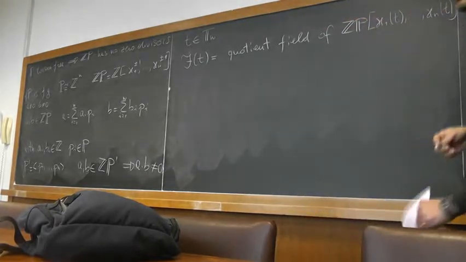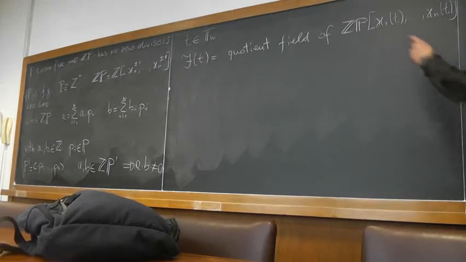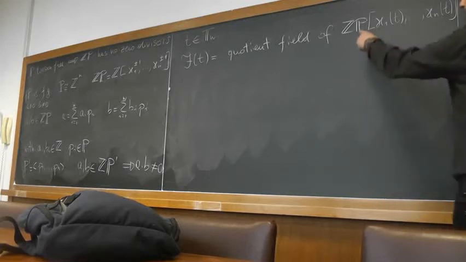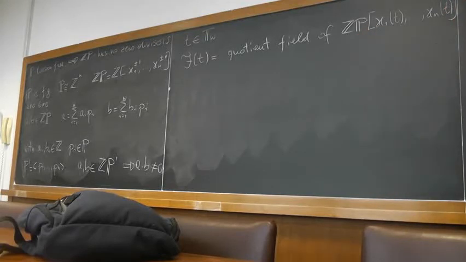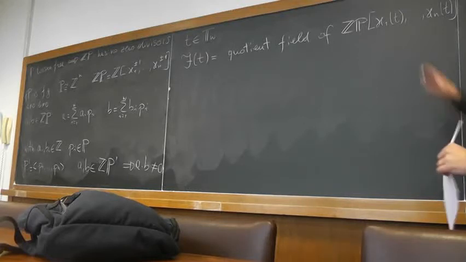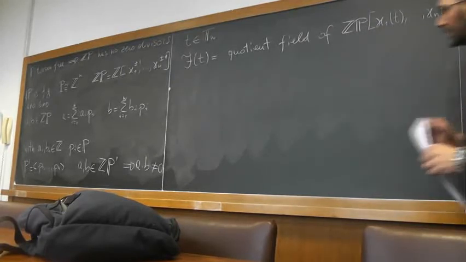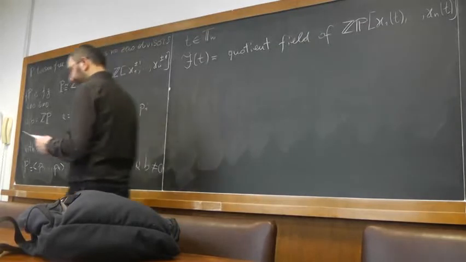These are just indeterminates, but I write x1,t, ..., xn,t to express the fact that they depend on t. So this is just the quotient of polynomials in these n variables with coefficients in ZP. And we can do this because this is an integral domain.